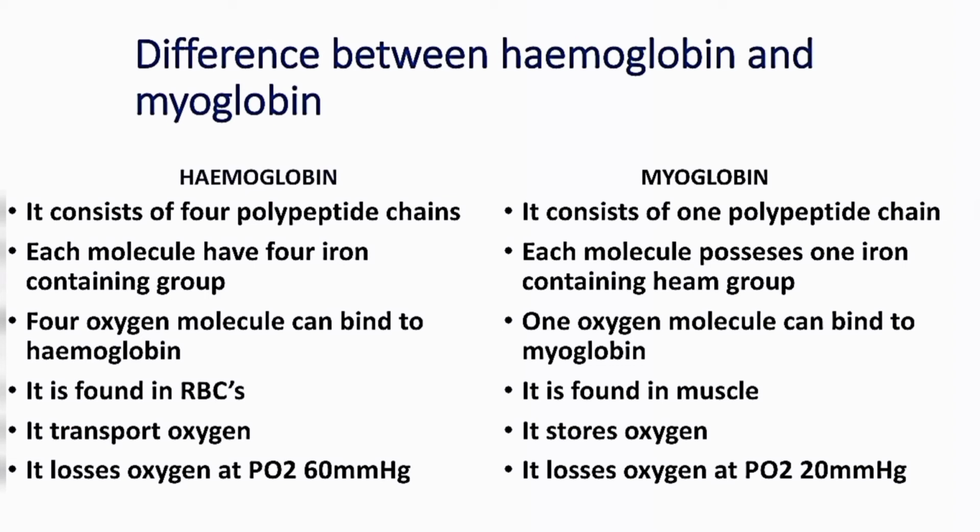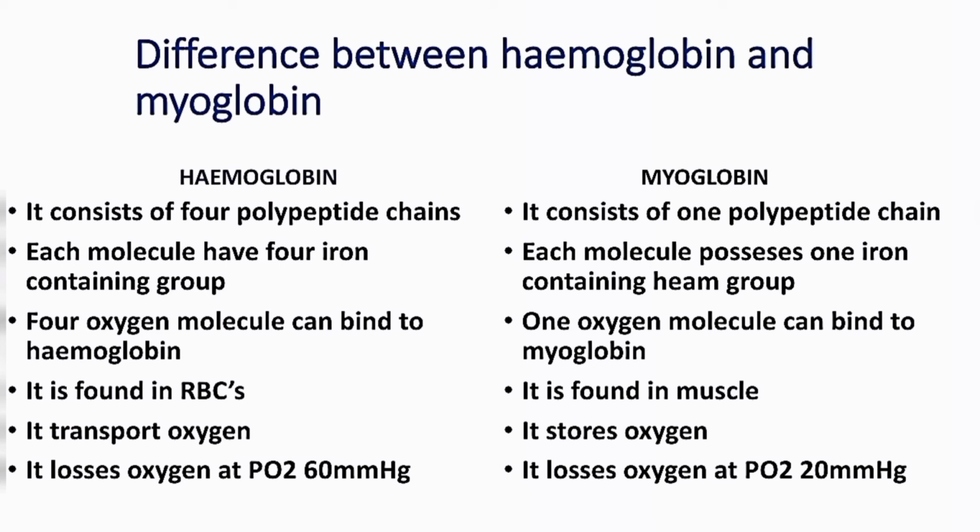This is because one protein chain carries one iron, so hemoglobin has 4 protein chains, so it has 4 iron containing groups, but the myoglobin has one protein chain, so it has one iron containing group. The third point is that 4 oxygen molecules can bind to hemoglobin, and only 1 oxygen binds to the myoglobin.